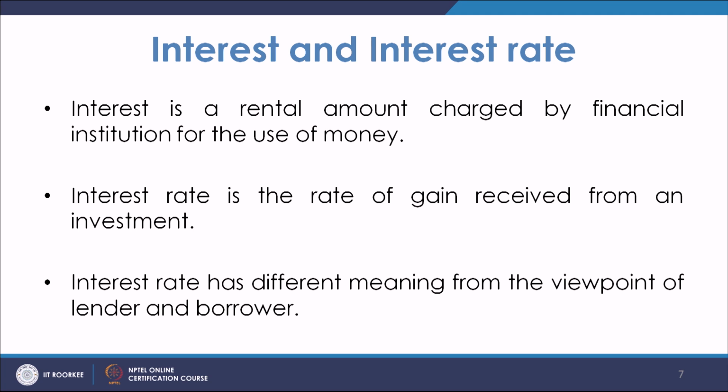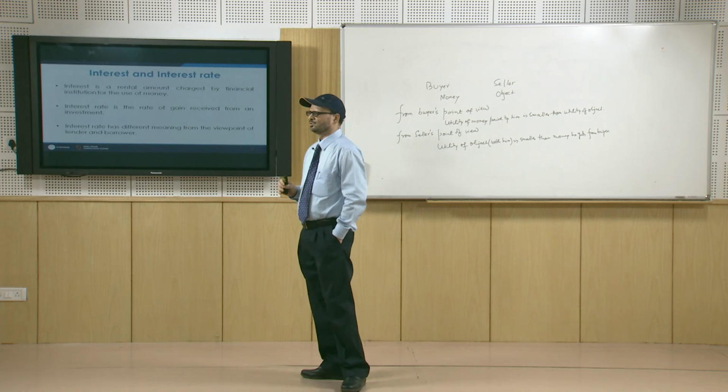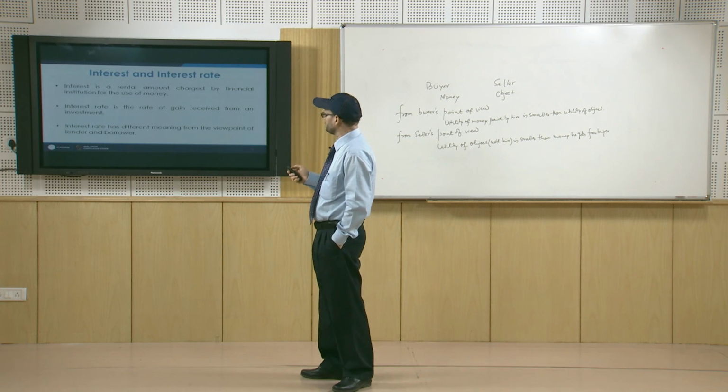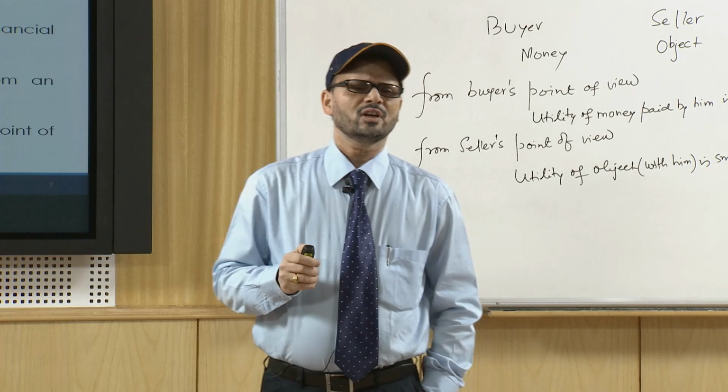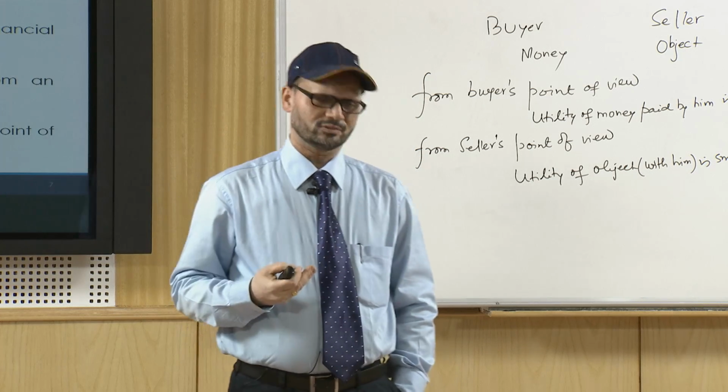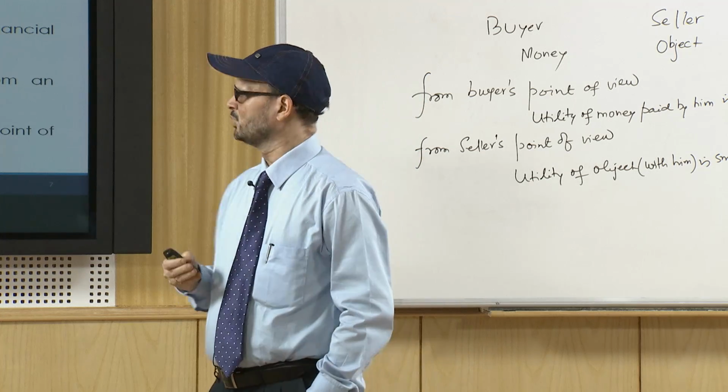Now, we will discuss interest and interest rate. As we know, interest is a rental amount charged by a financial institution for the use of money. You know that money has earning power and purchasing power.